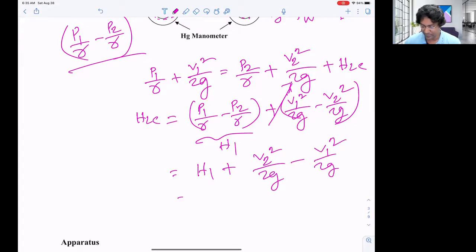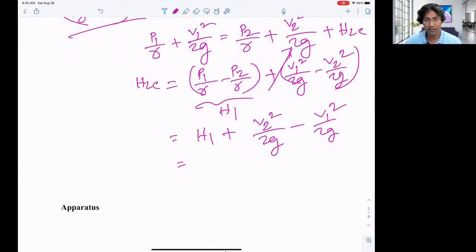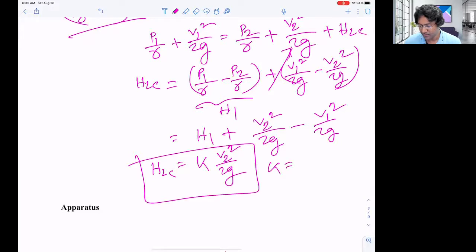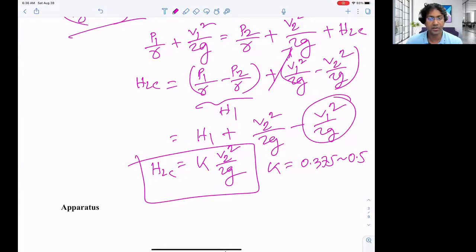But what happens actually, people conducted different types of experiments, and they got a relationship that is K V2 squared divided by twice G, and the value of K should vary between 0.357 to 0.5 because of that contraction. So we don't need to measure the value of V1, or we can exclude the approach pipe section velocity.